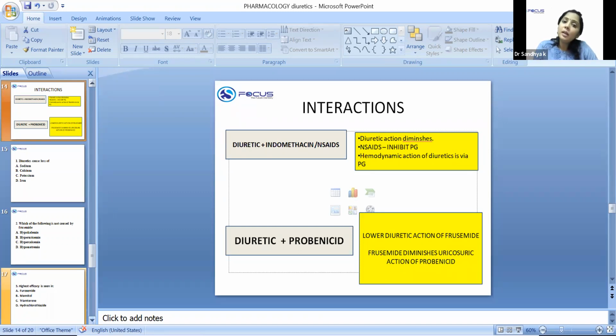So for the medium efficacy ones and the low efficacy ones, this is how we'll compare the differences and learn. If you learn a little bit of theory with respect to that topic, then it will be easy to solve the questions. You'll be more confident in dealing with the MCQs. The remaining diuretics we'll be discussing in the regular class.